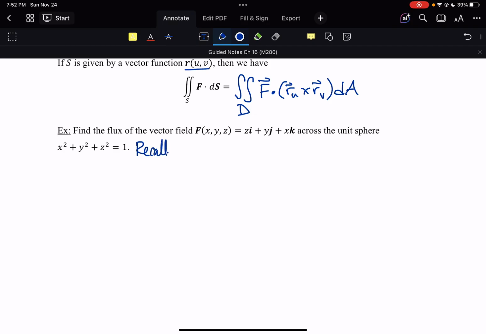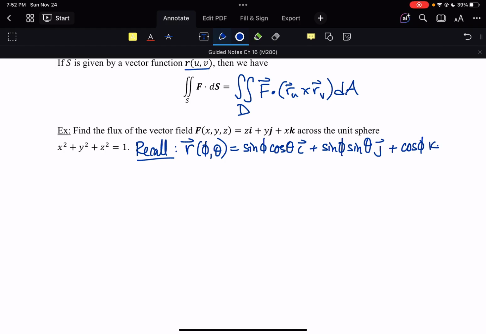So recall r of phi and theta is going to be sine phi cosine theta i plus sine phi sine theta j plus cosine phi k, with phi going from 0 to pi and theta going from 0 to 2 pi. So we've already done that several times over now.